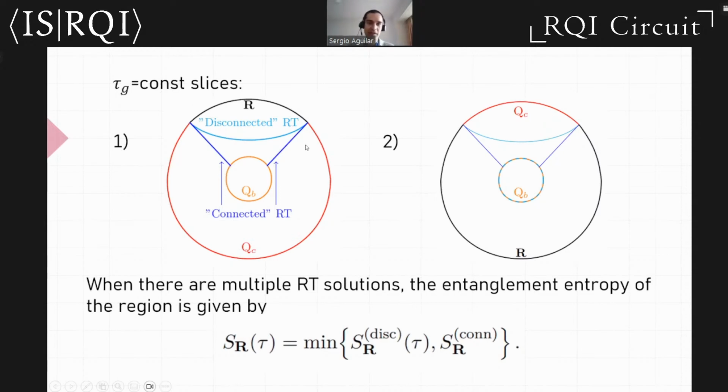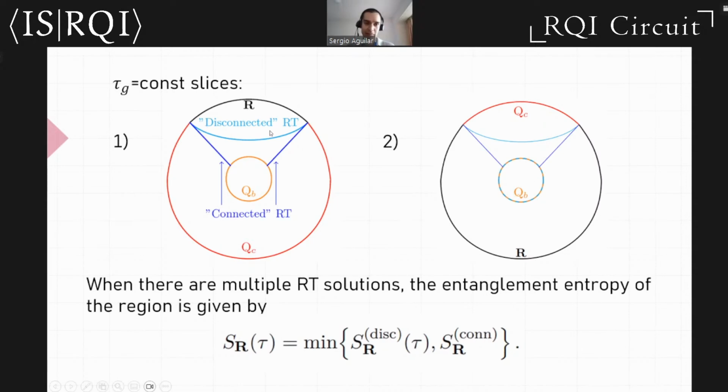So here we have some foliations, some global time slices in global AdS, where you can see the locations of the different branes. We're fixing that this region in black, R, will be the entangling region where we make the measurements when computing the entanglement entropy for the reduced density matrix in R from this whole slice on the UV brane.